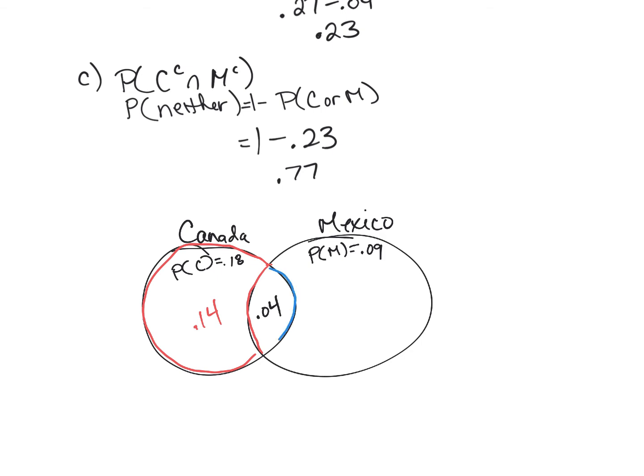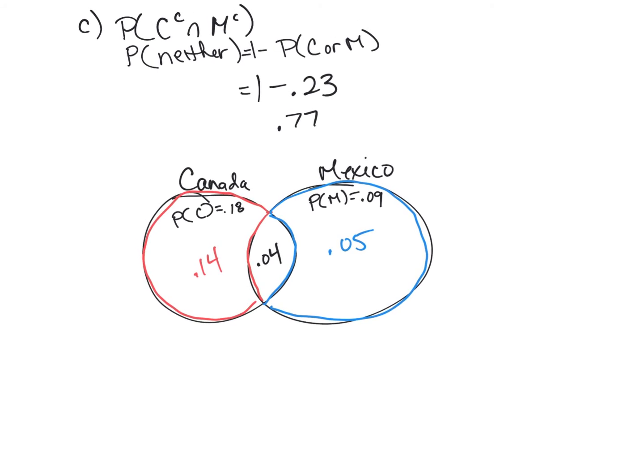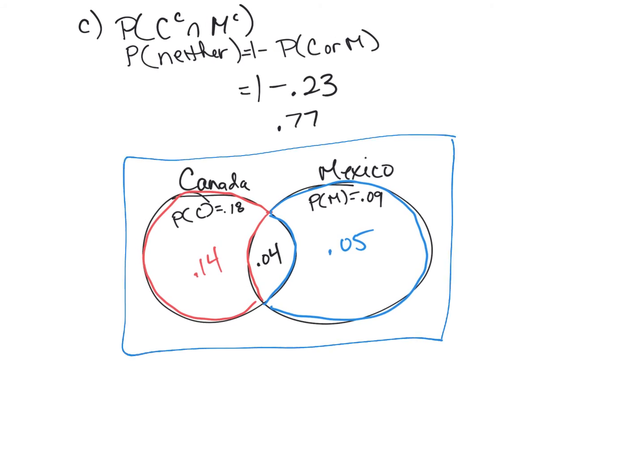And if you're not including both for Mexico, people have only been to Mexico, 0.05, right? You subtract off the both. And then you could add those together. If you put it in a bigger box, what's outside is neither. So 0.14 plus 0.04 plus 0.05 gives us that 0.23, right? And then we can find the 0.77. Sometimes that helps us find some probabilities.